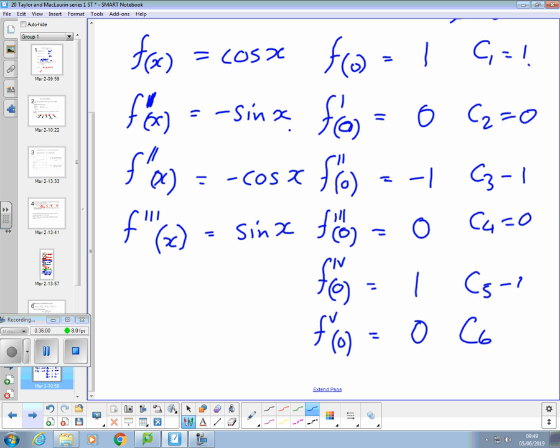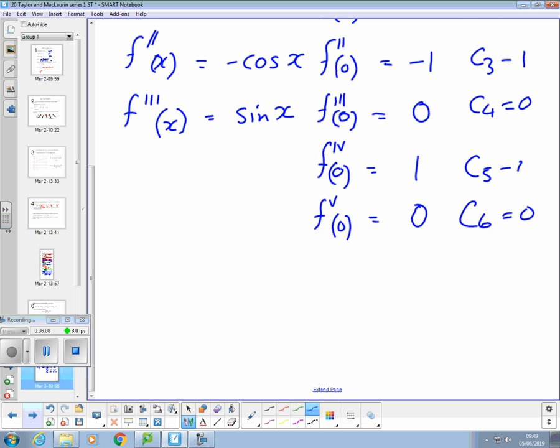The sixth term, zero. And f vi at 0 is equal to minus 1. The seventh constant is minus 1.